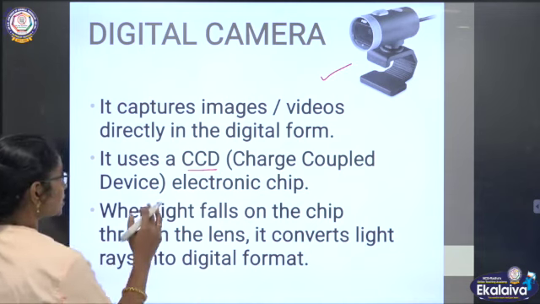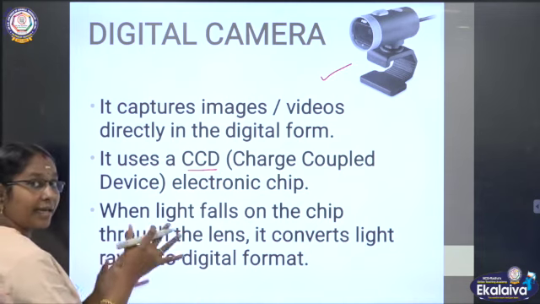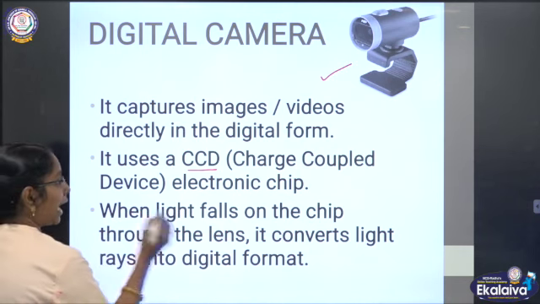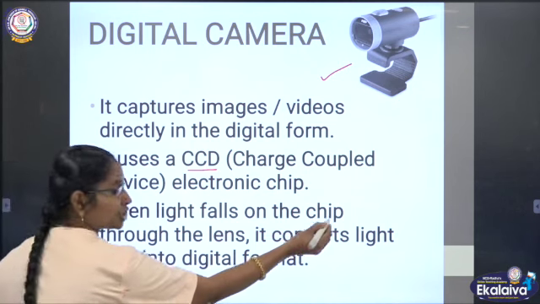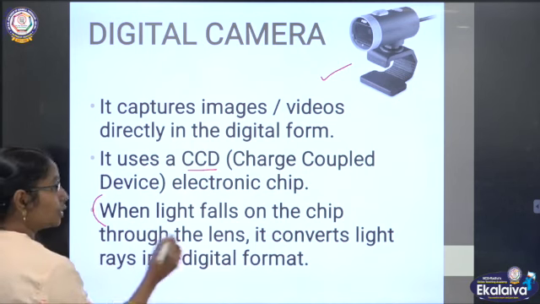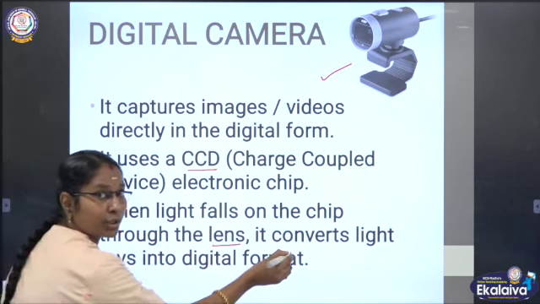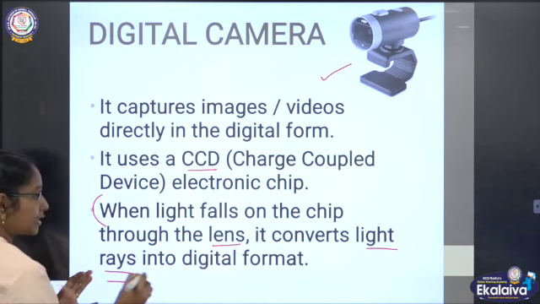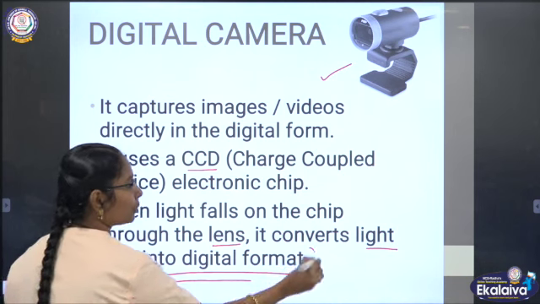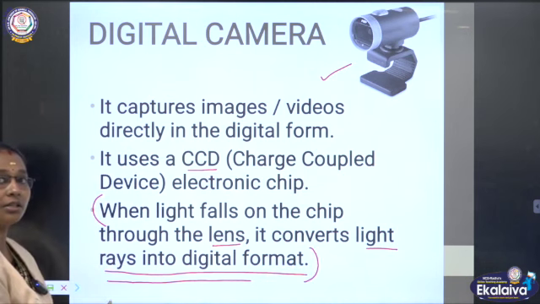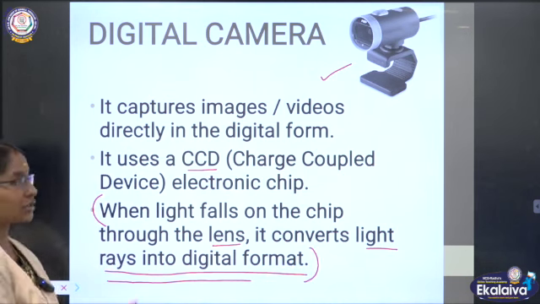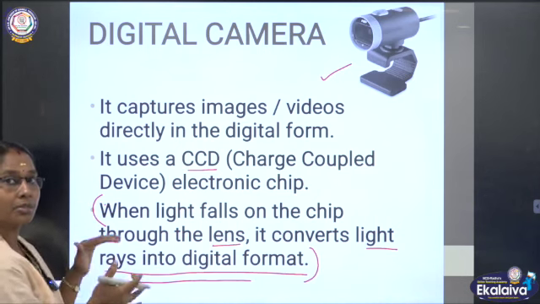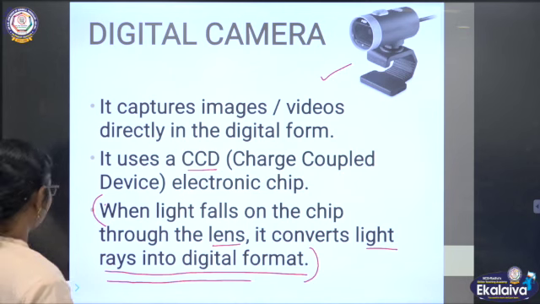It is an electronic chip. When light falls on the chip through the lens, it is going to convert the light rays into digital format. So this is the working principle of digital camera.